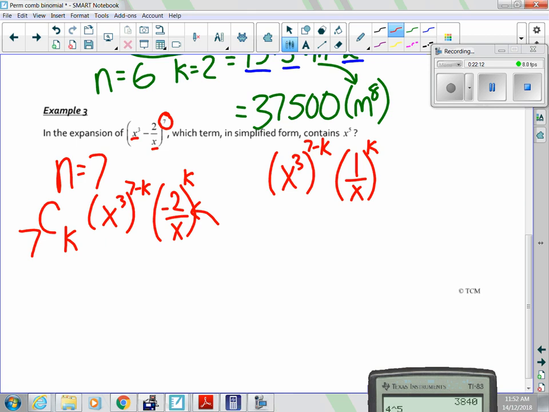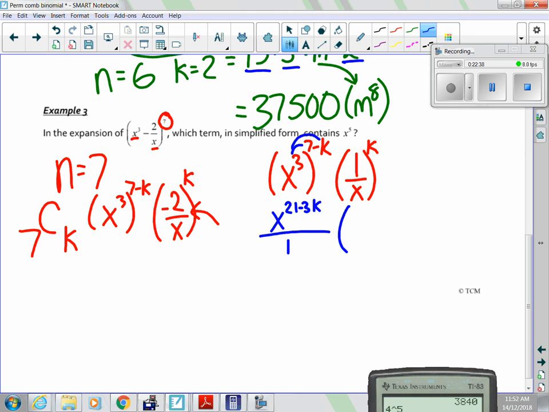Now I'm just going to do my multiplication here. So x cubed to the 7 minus k is going to become x to the 21 minus 3k. Right? So the 3 just distributes to both those places. And then this whole thing is divided by x to the k.